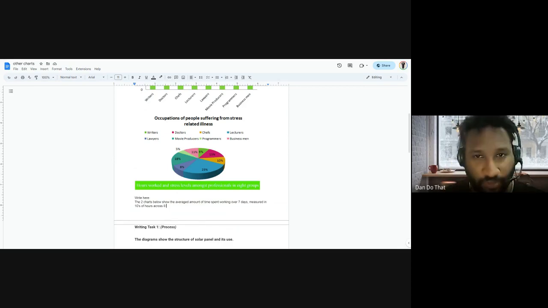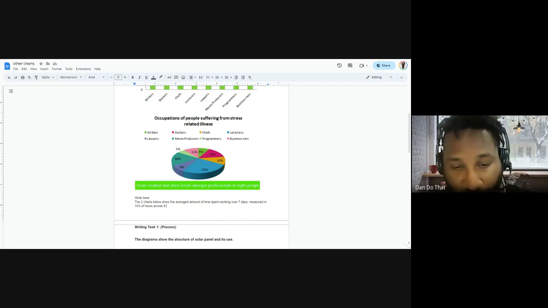We can't say all of that. We can't repeat them. But what we can do is find a synonym or put them into groups of jobs. Across, so we could say across 8 professions, right? A job is a profession. So 8 professions.